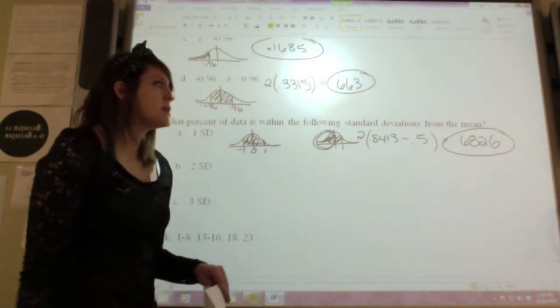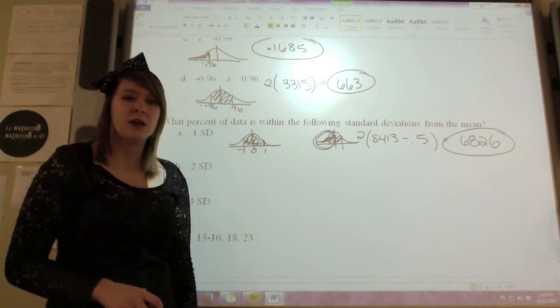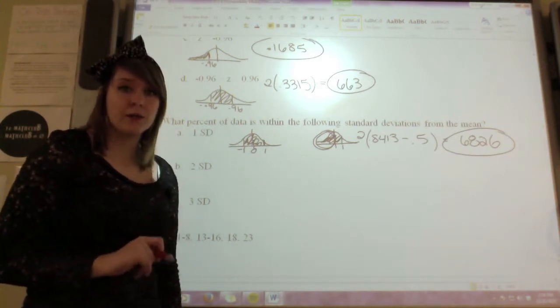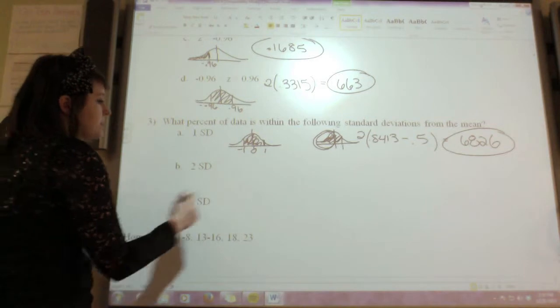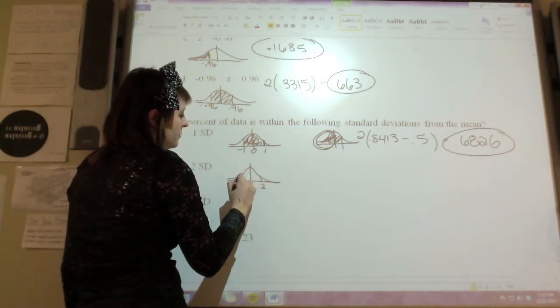Okay, so that means that 68% of the values fall within one standard deviation of the mean in a standard normal curve, always.